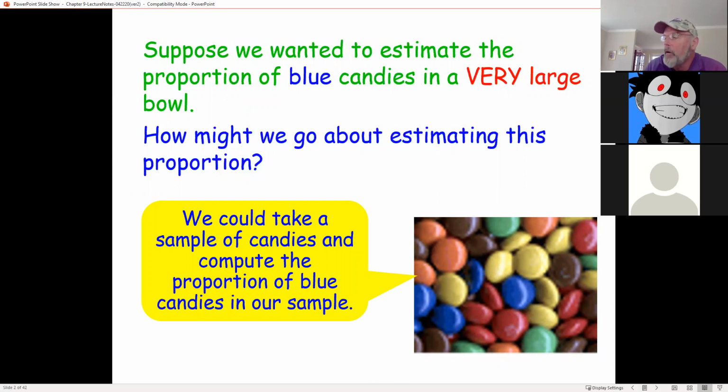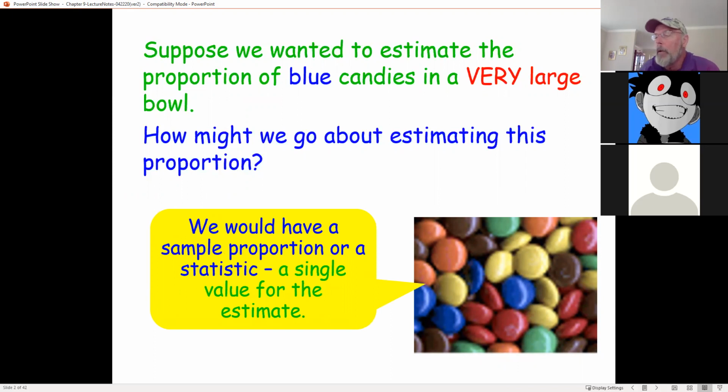So here is our sample. All right, we would have a sample proportion and a statistic. Okay, so we want a single value, a point value that gives us an estimate of the proportion of blue candies in this sample.